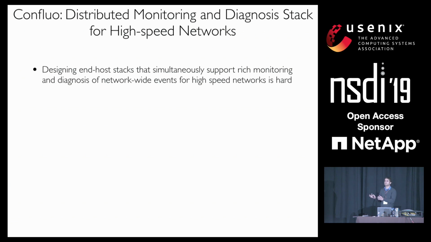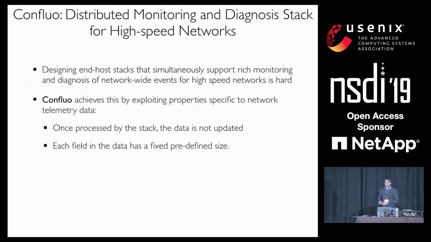And on the other extreme, you essentially have to, in real time, analyze, monitor, and debug a large class of distributed monitoring and diagnosis applications using minimal CPU resources. Conflow is able to resolve this particular challenge by exploiting workload characteristics of network telemetry data. For instance, it makes the observation that once this data is processed by the stack, it is no longer updated, and the fact that attributes of interest that need to be analyzed in the network traffic tend to be of fixed size.